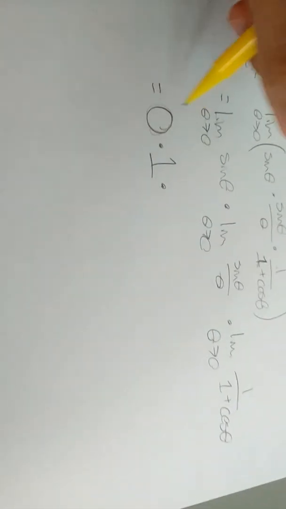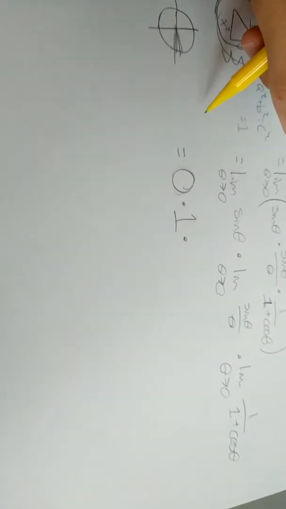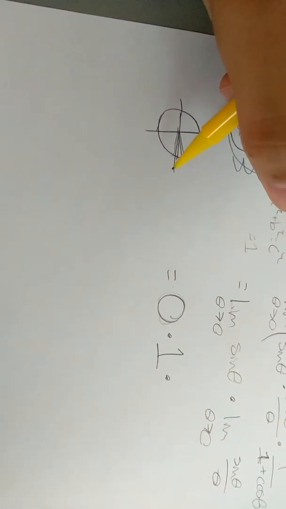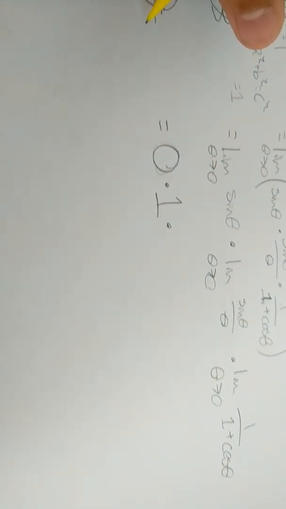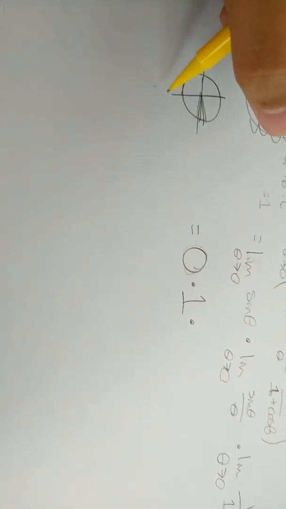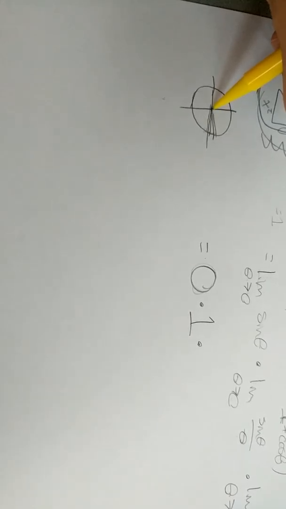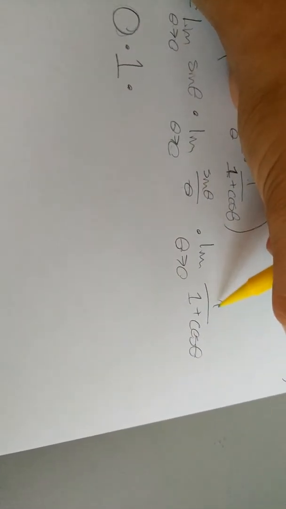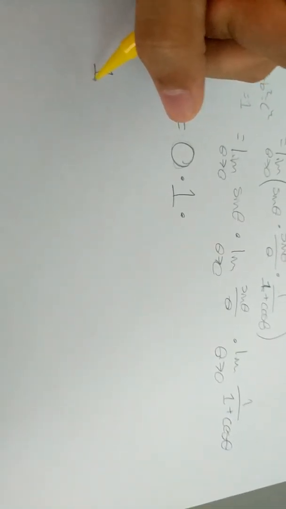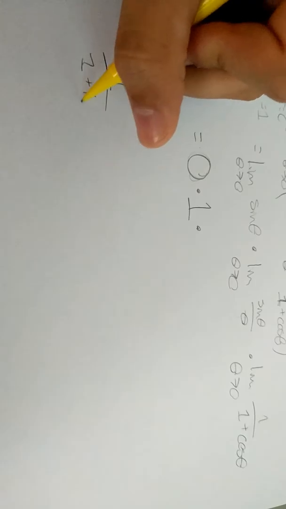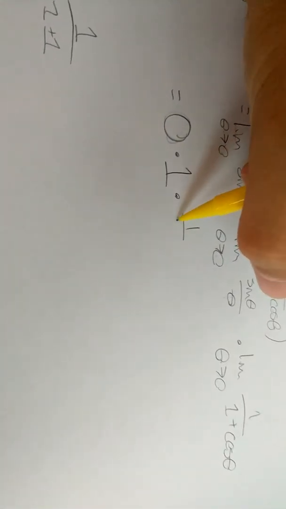And then this right here is going to be equal to 1/2, because as theta approaches 0, cosine of theta, or the x value, gets closer and closer to 1. This is equivalent to saying 1 over 1 plus 1, which is equal to 1/2.